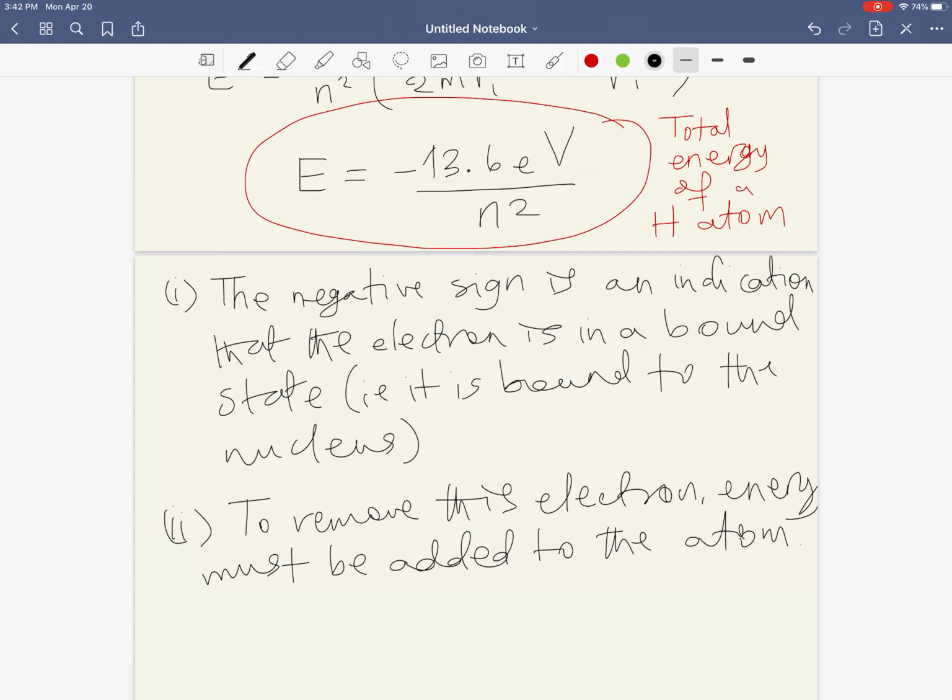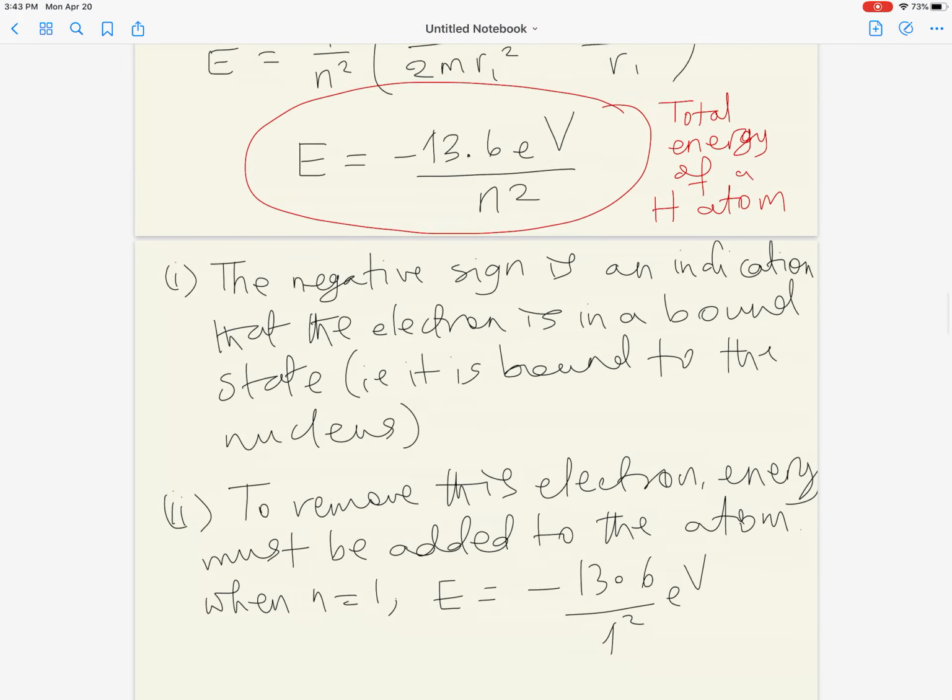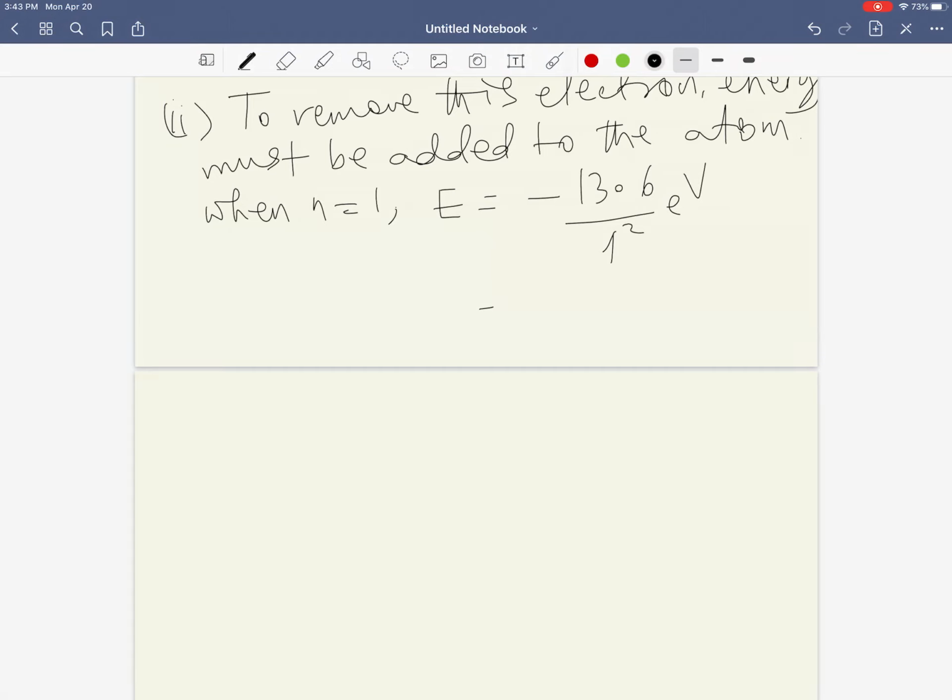So, as an example, when the electron is in the very first orbit, so when n is 1, then the total energy of the hydrogen atom is simply minus 13.6 over 1 squared eV, which is, of course, just minus 13.6 eV. That means you have to add 13.6 eV of energy to remove the electron. The technical word for to remove an electron is to ionize the atom.